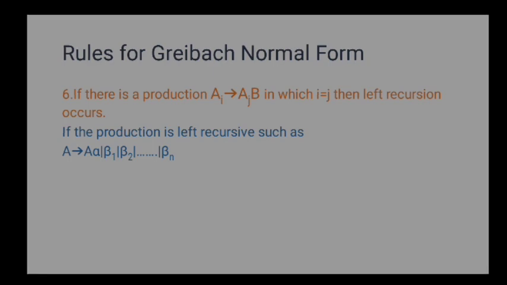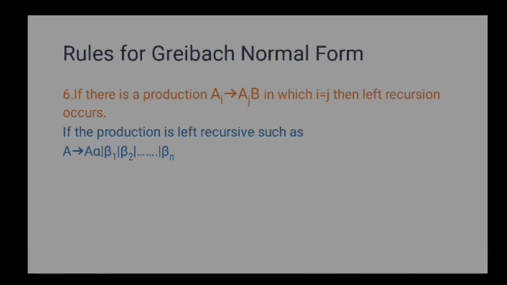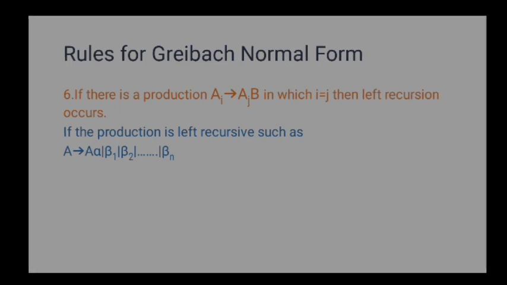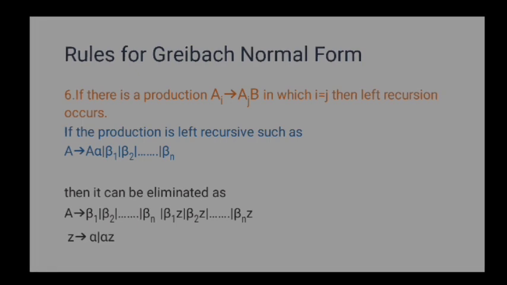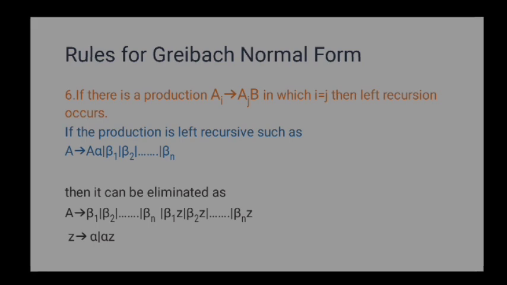We will take up a standard form for left recursion: A tends to A alpha, that is left side A and right side A are equal. This is the production causing left recursion, and we have other non-recursive productions, beta 1 to beta n. If left recursion occurs, we take all the non-recursive productions beta 1 to beta n, assign them to the left recursive variable A, and then add Z to all the non-recursive productions.